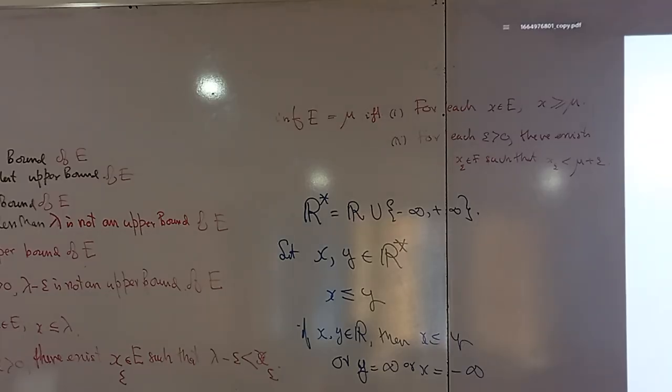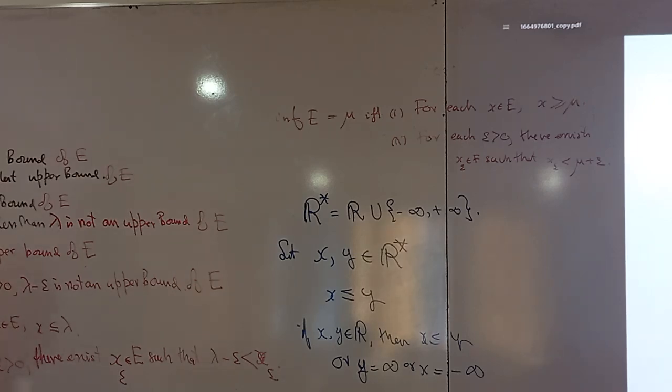We also define the infimum of E, also known as the greatest lower bound of E, by the formula inf E is defined as minus sup of minus E, where minus E is the set where you multiply each element by a minus sign. So you have to see whether this is correct, no?